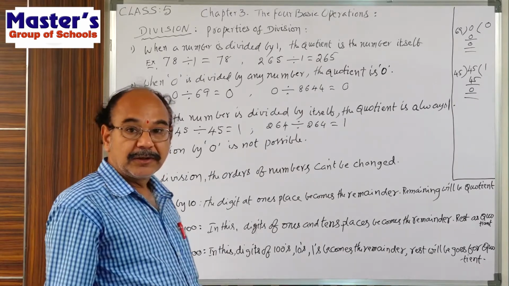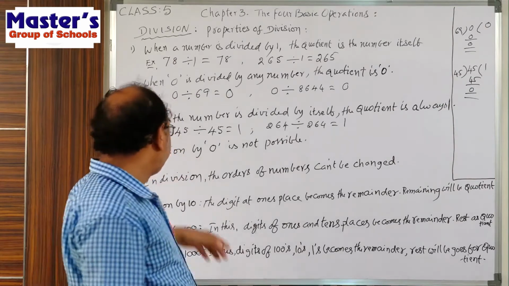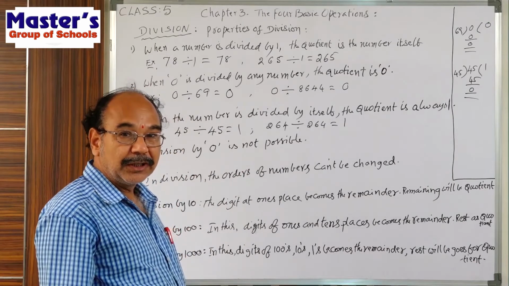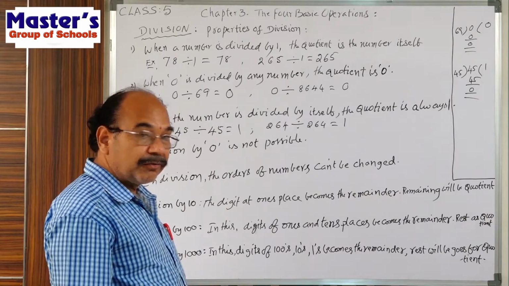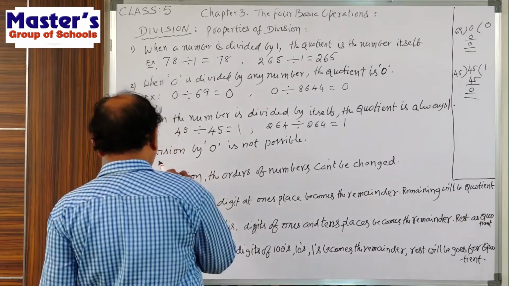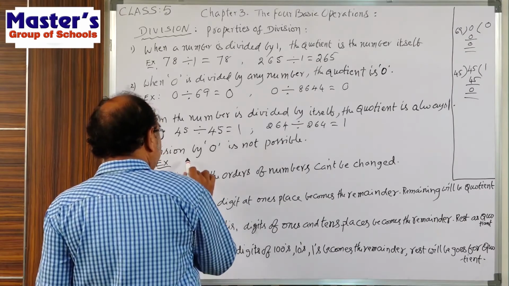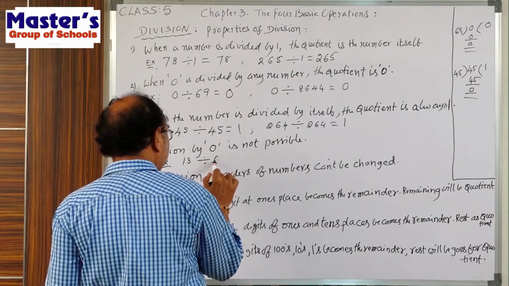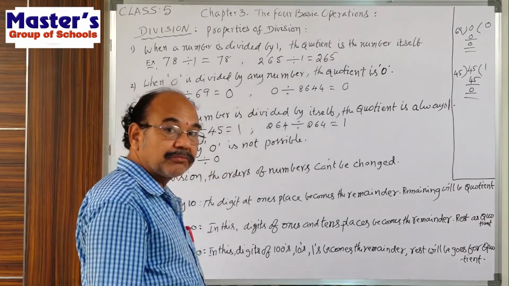Okay, understand? Now come to the fourth property. Division by 0 is not possible. For example, take one number and divide by 0. 13 divided by 0.